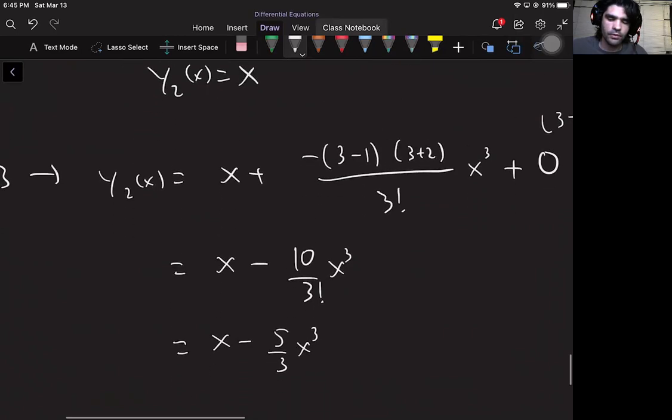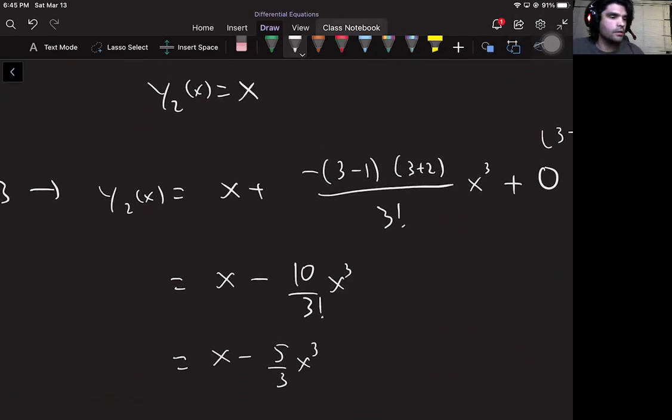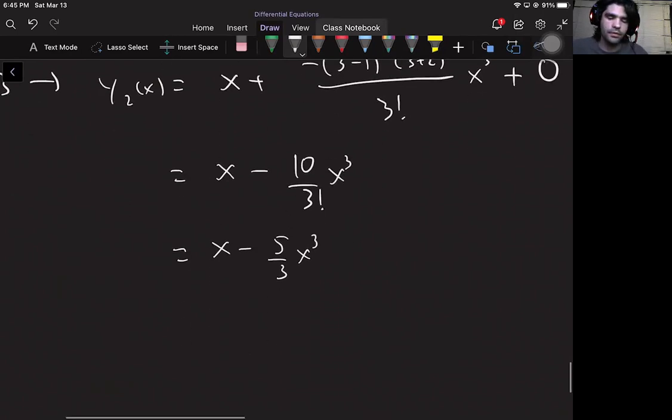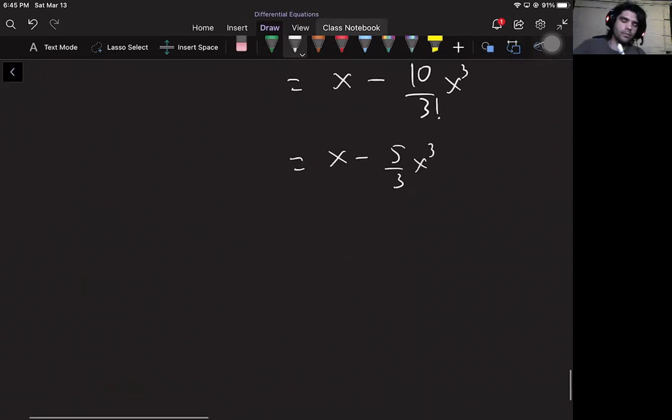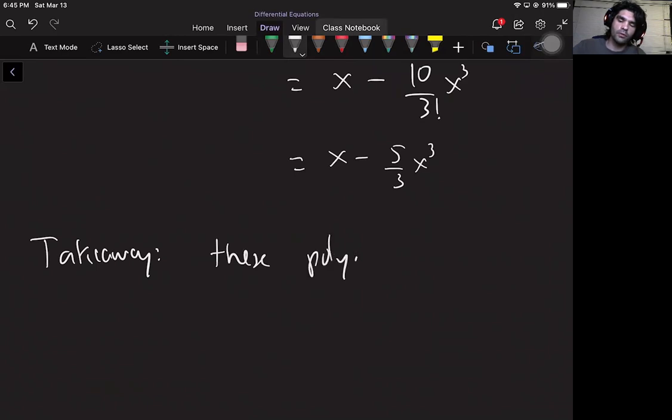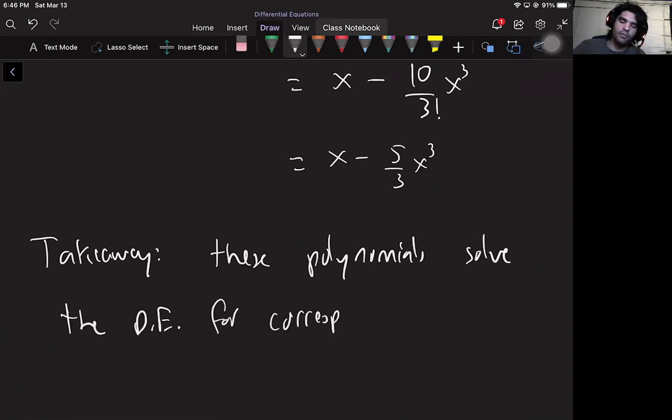Okay, so yeah, these polynomials are important, but we're going to make them more important in a second. So next what people do is, okay, well, first, the takeaway, just to make it extra clear, is that these polynomials solve the DE for corresponding m.